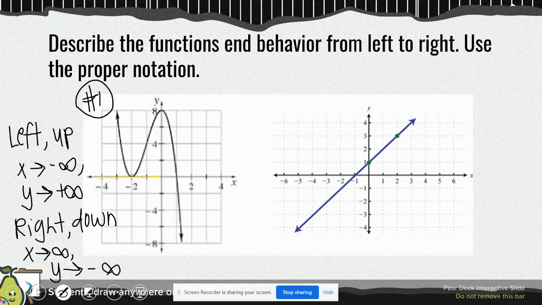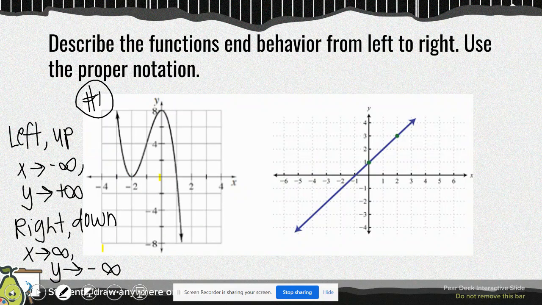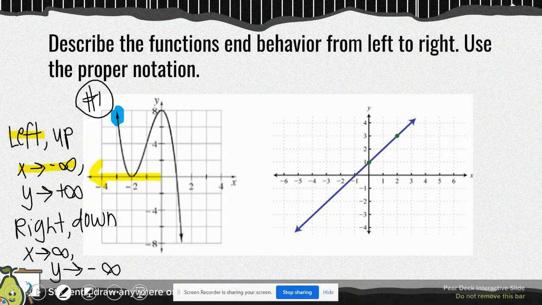So on the left, as we move towards negative infinity, my graph is pointing up, so we have positive infinity. On the right, as x goes to positive infinity, my function is pointing down towards negative infinity.